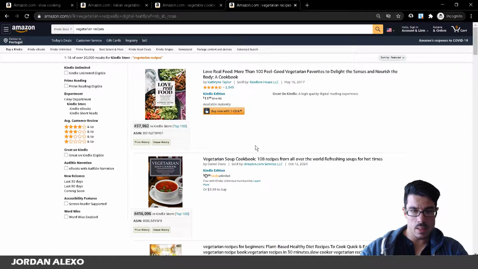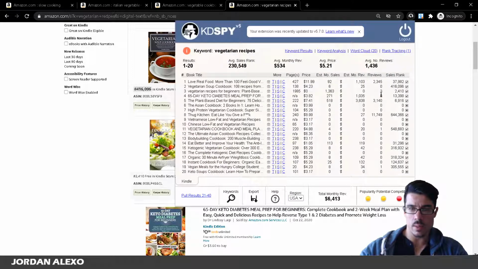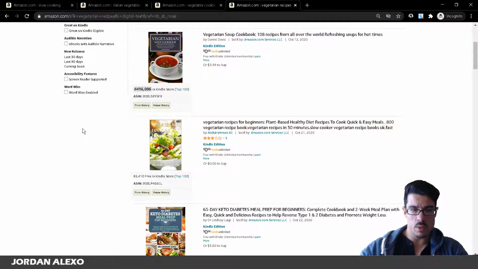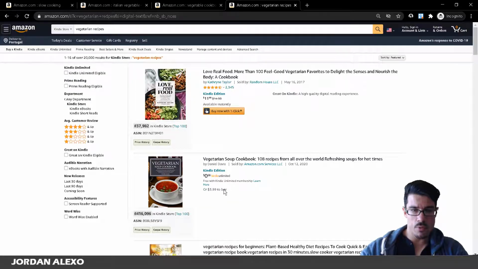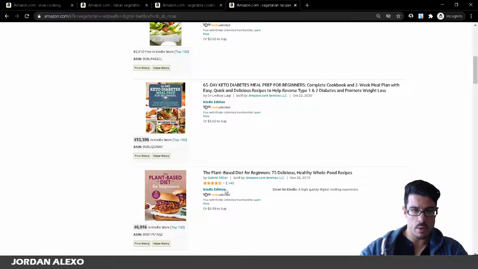And the competition seems really easy, because you basically don't have any kind of authors over here besides these 3 books. Of course, they belong to authors, but most of these books over here are from publishers. Okay, these are from publishers. This book seems it's performing quite well.